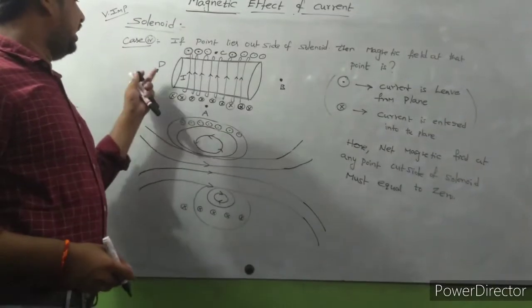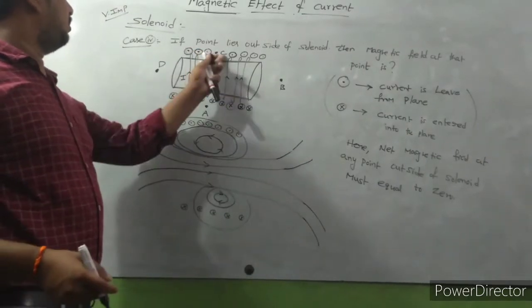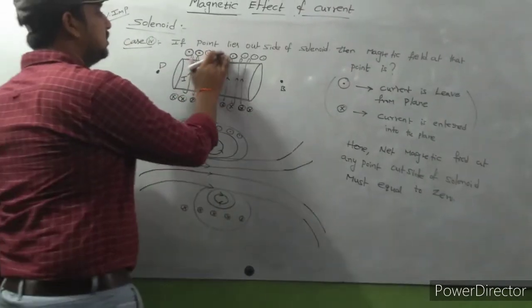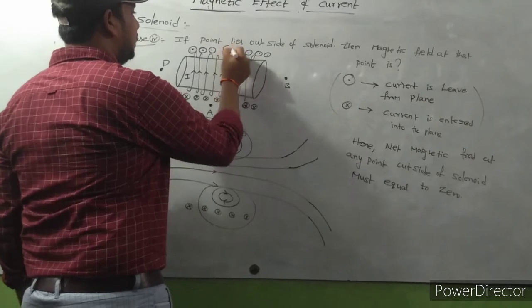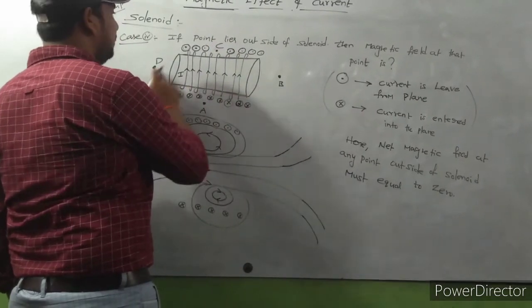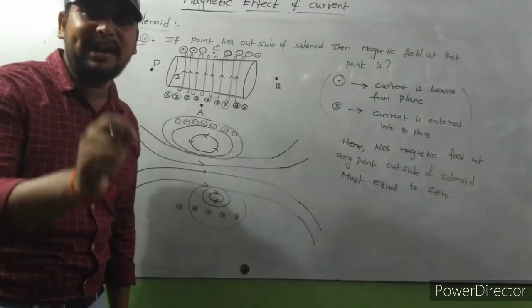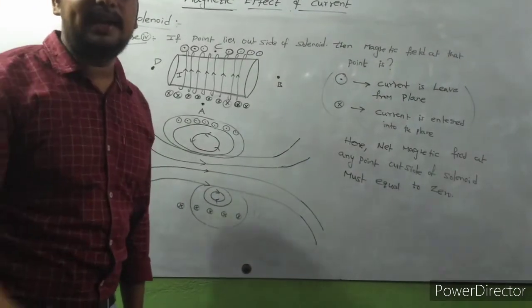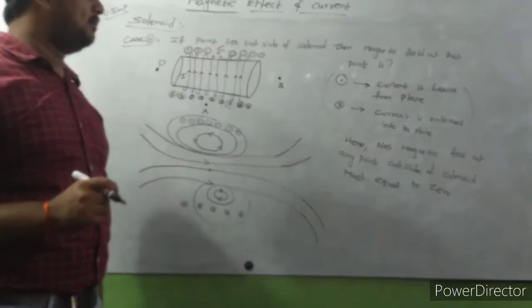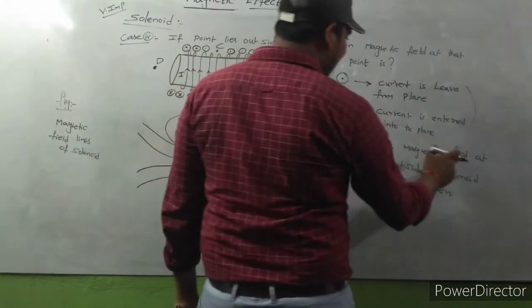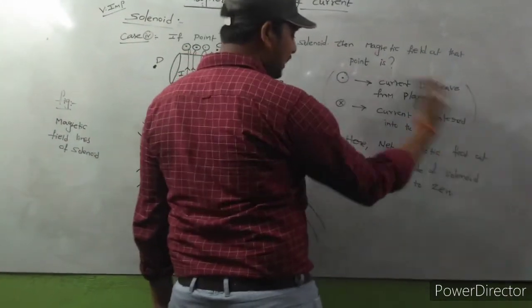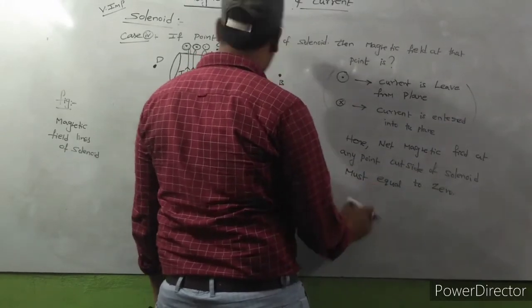Any point you consider, A point, B point, C point, D point, four points. If a point lies outside of the solenoid, the net magnetic field at that point must equal 0.